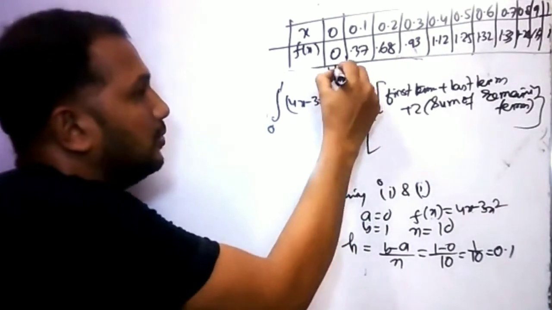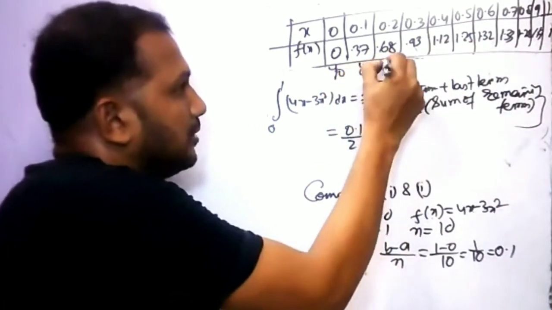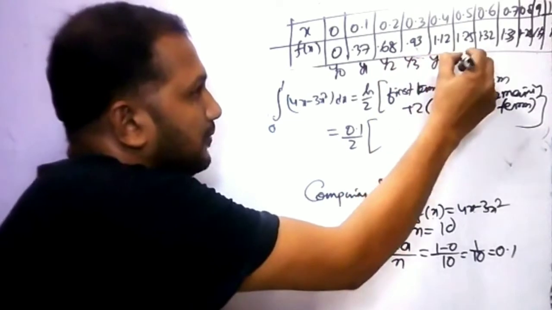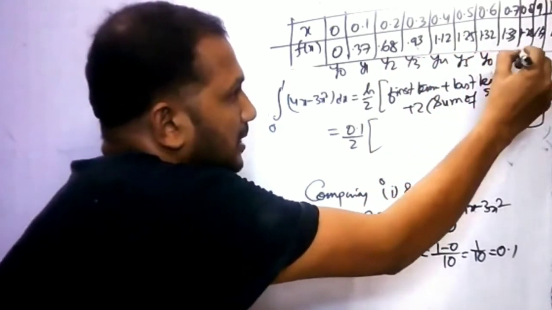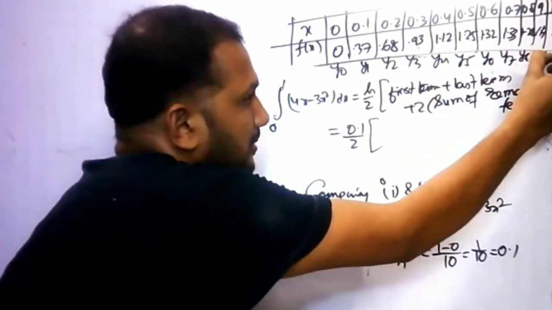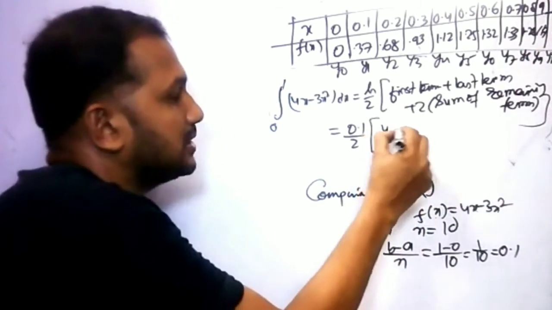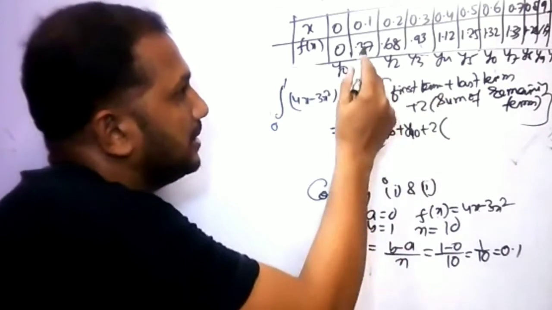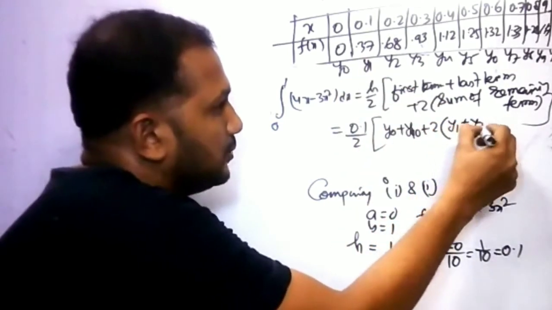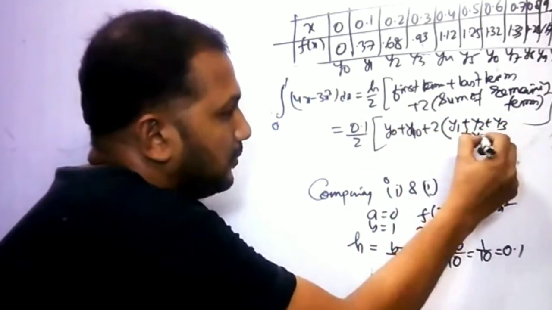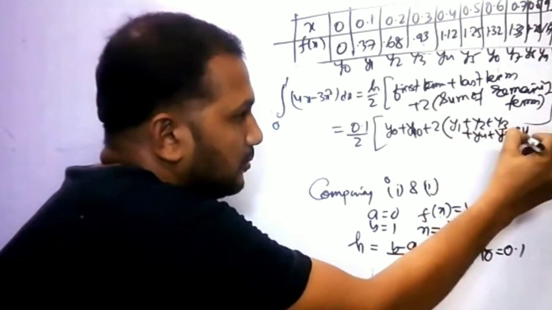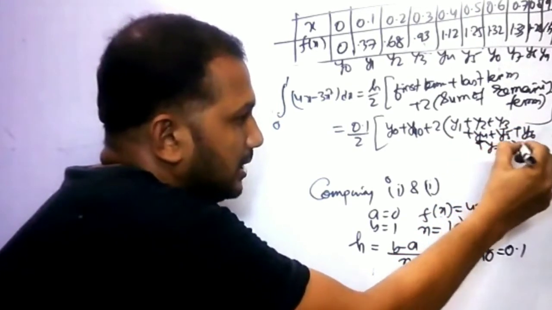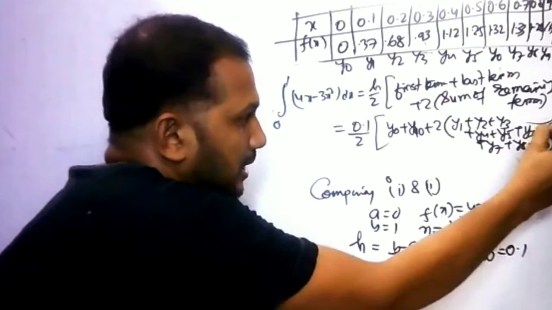The first term is y0, the last term is y10, and plus 2 into the sum of the remaining terms, that is y1, y2, y3, y4, y5, y6, y7, y8, and y9.